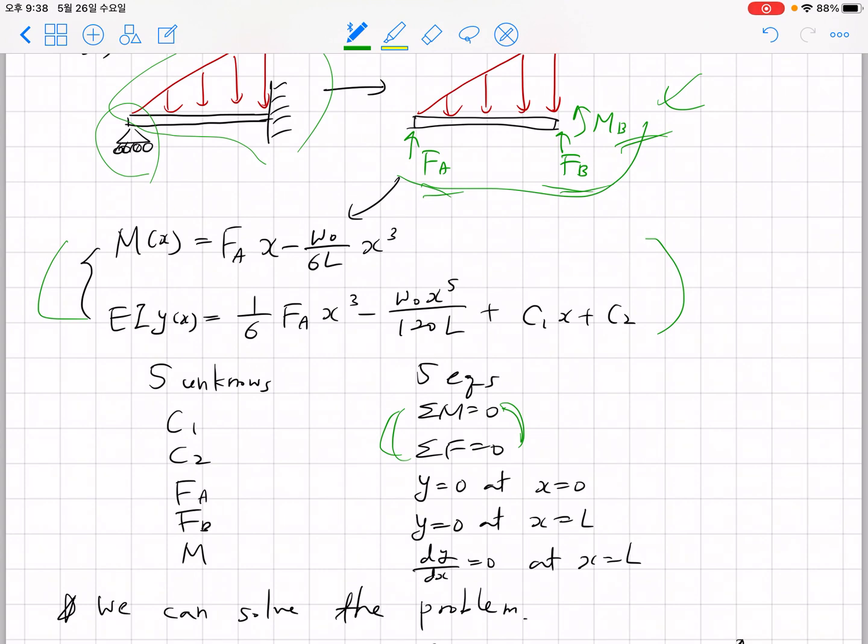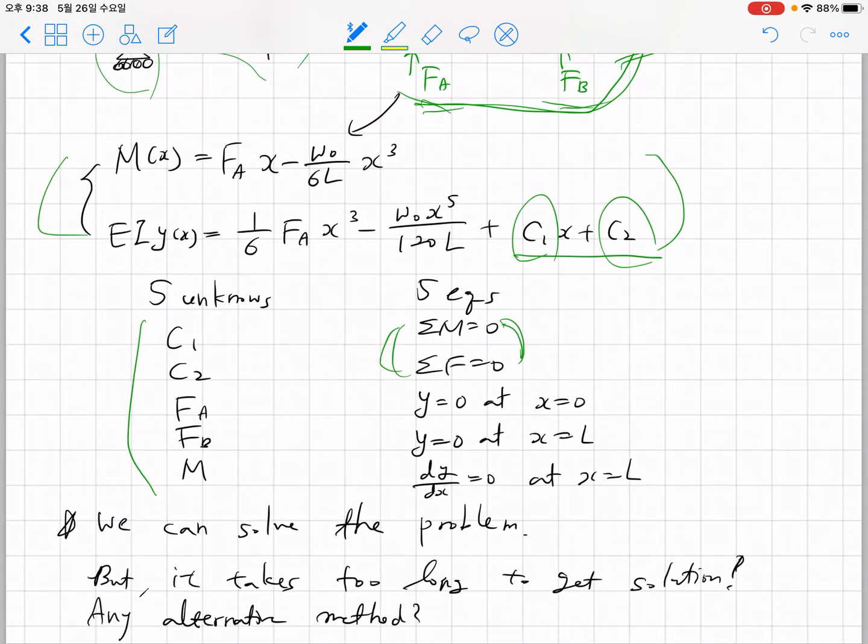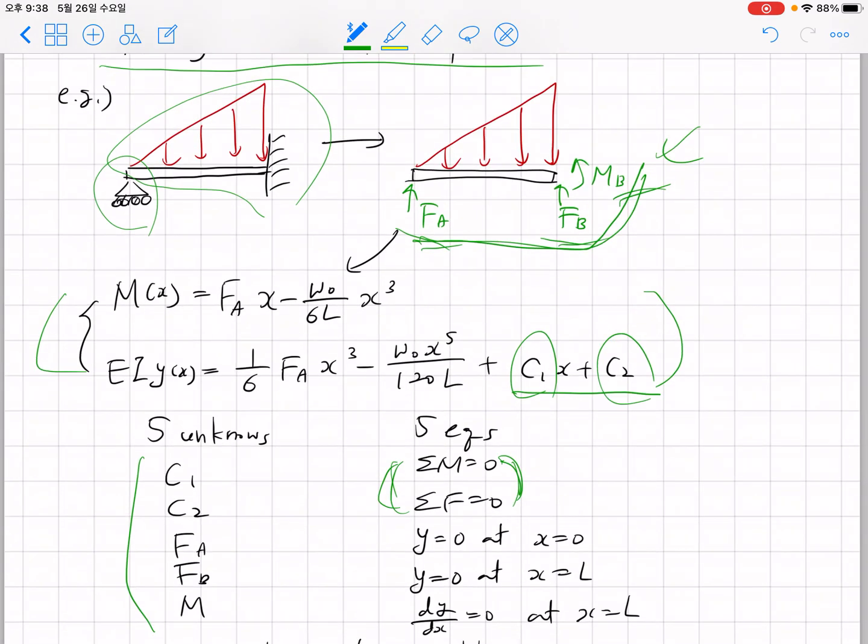In addition to the typical 2 unknown integration constants, we have 3 unknown forces in total. We have 5 unknowns. So to find 5 equations, in addition to mechanical equilibrium, we considered the boundary conditions.